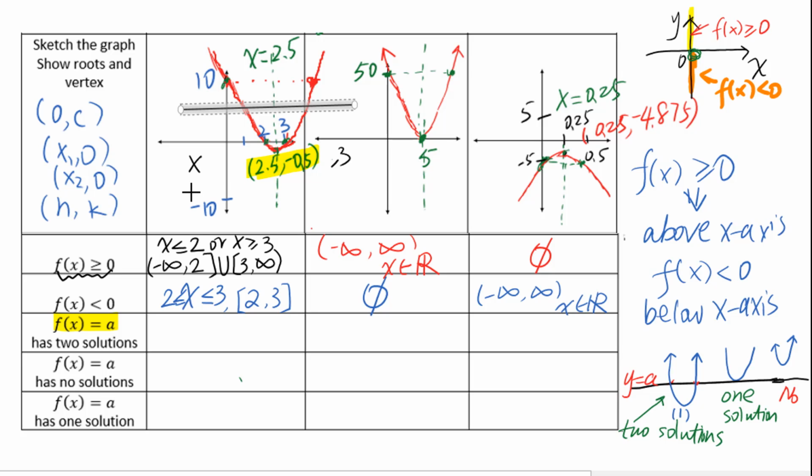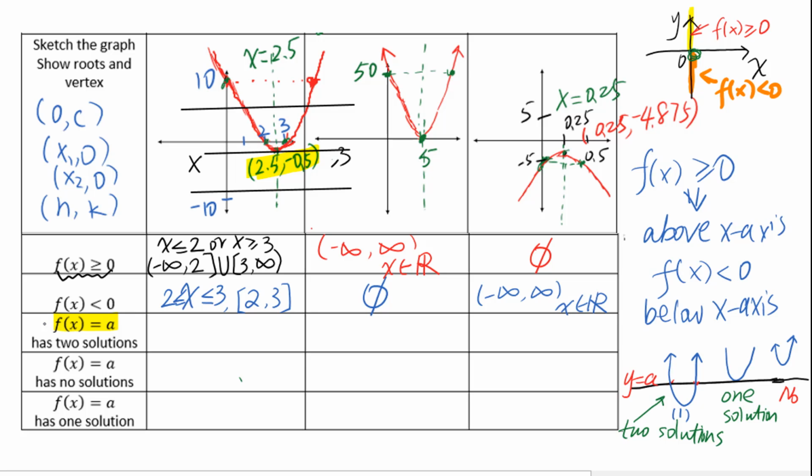If you draw a line below this minimum point, there's no intersection. If you draw a line exactly across this minimum point, then the graph will intersect this line only once.